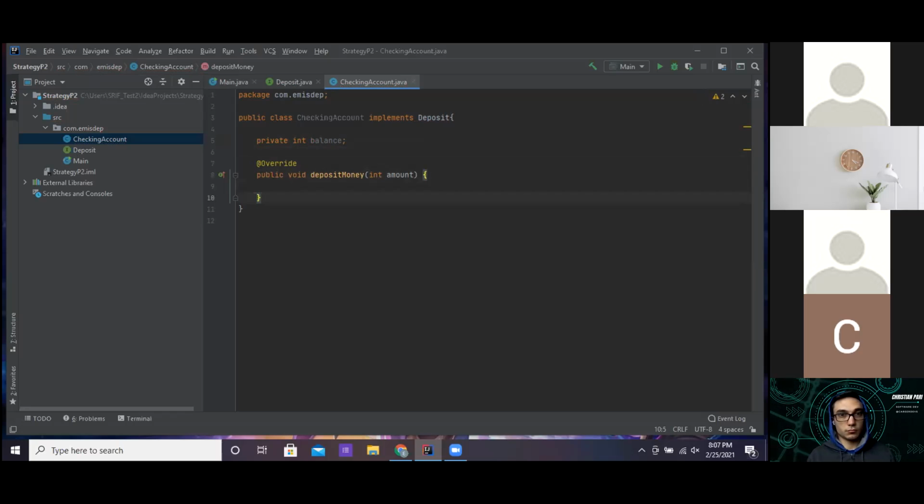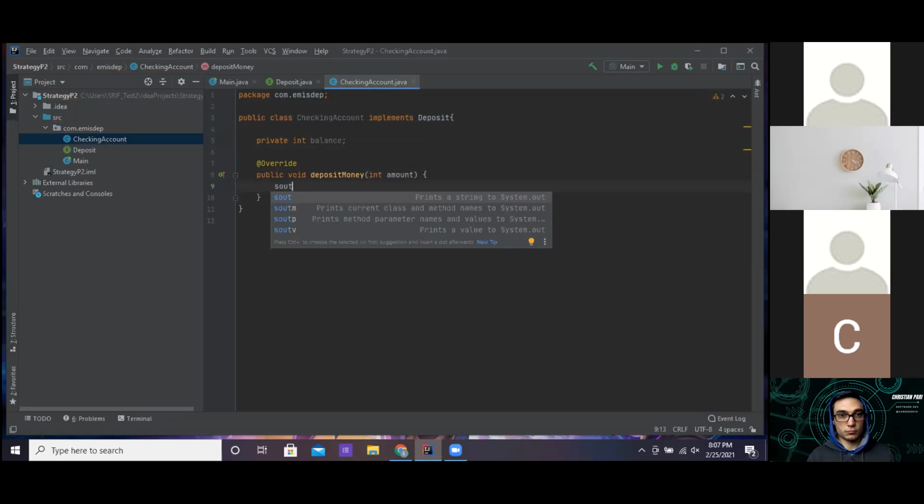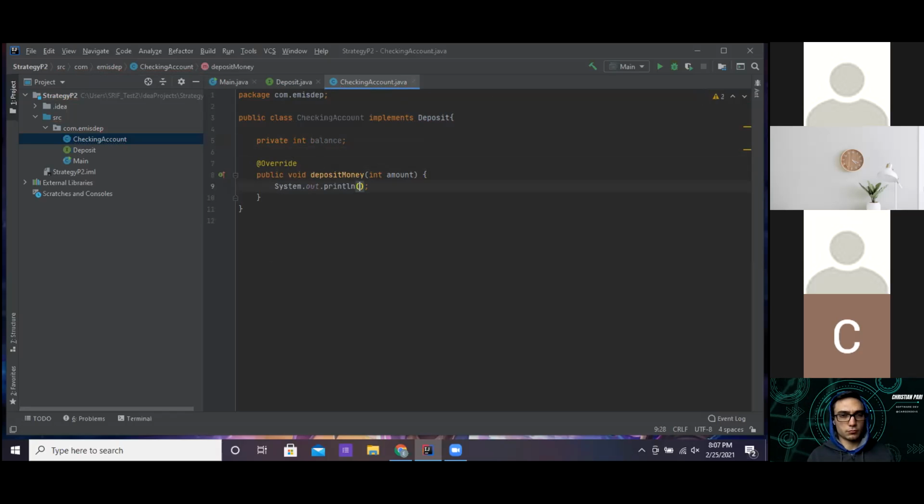And then do S out. Deposited amount plus to checking account.